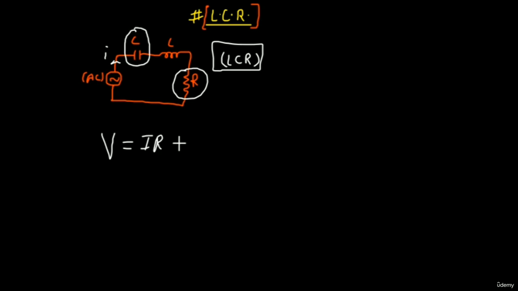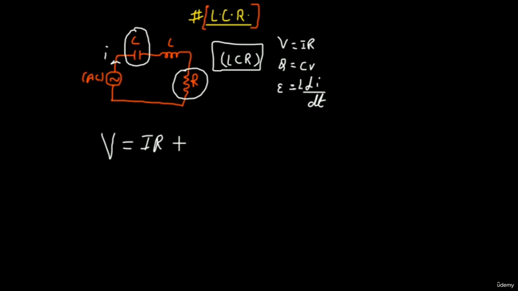So Q is equal to CV. Remember. Okay, let me write that all. V is equal to IR. Q is equal to CV, the second one, and the third one, can you guess? EMF is equal to L di by dt. Yes, I missed the L, and here is our L.